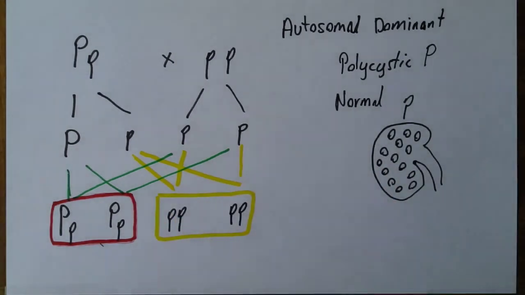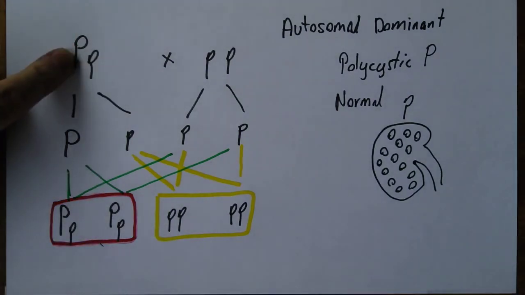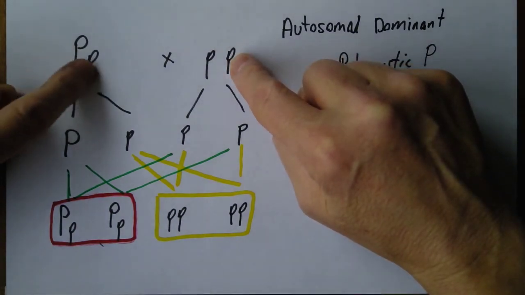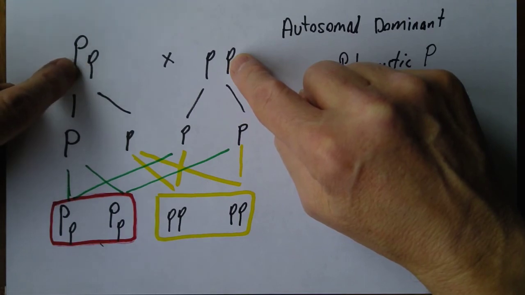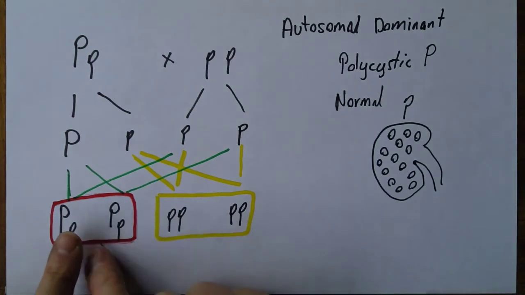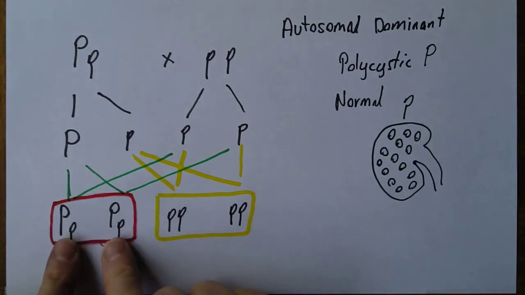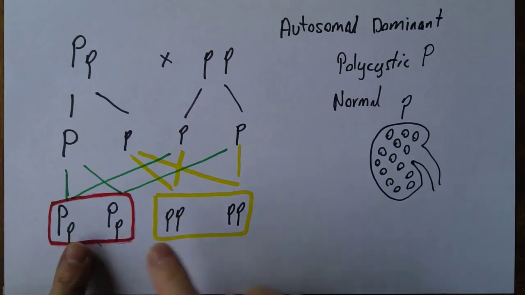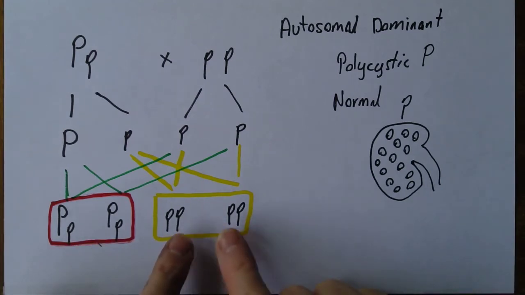So if we are advising parents or potential parents with polycystic kidney disease, one partner has polycystic kidney disease, the other partner doesn't. Assuming that the affected partner is genotypically heterozygous, we can advise these people that there's a 50% chance of any child being born to that marriage having polycystic kidney disease, but there is a 50% chance that they will not.